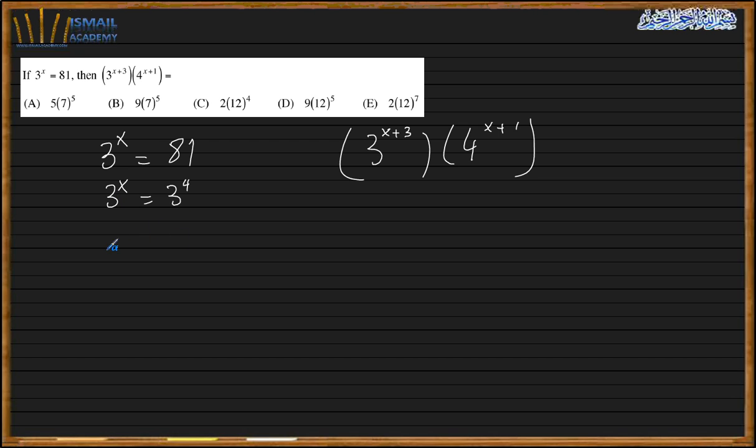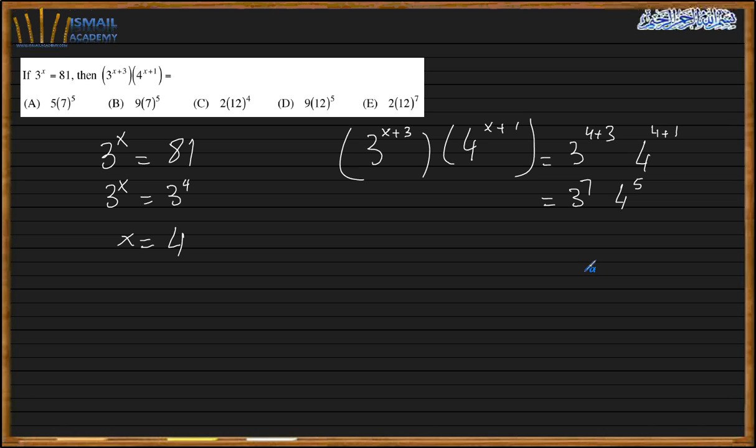So when the bases are the same, the exponents are equal. Now I substitute x here, so I got 3 to the 4 plus 3, and 3 to the 4 plus 1. So which is 3 to the 7, and 3 to the 5.